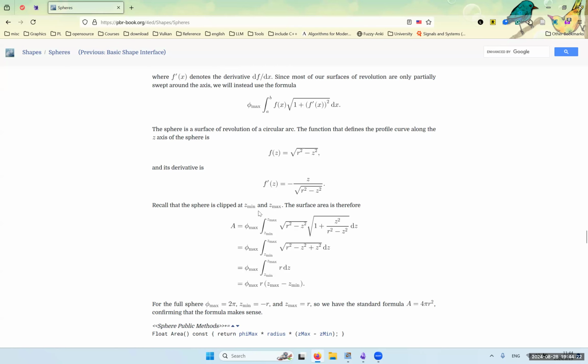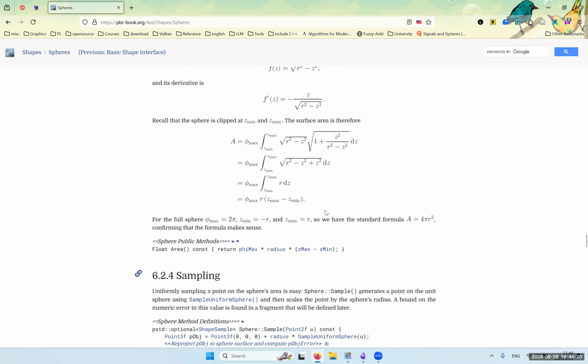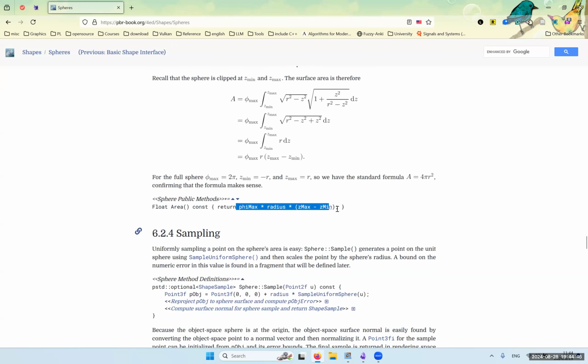So anyway, they do a bunch of stuff and then get this very simple thing. So the surface area is just this. Okay, nice. All the integrals just get removed, and we have just multiplications.